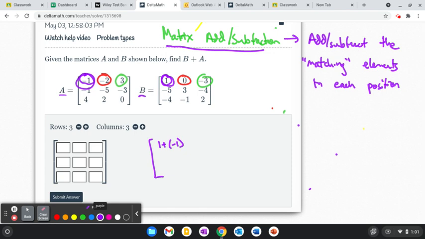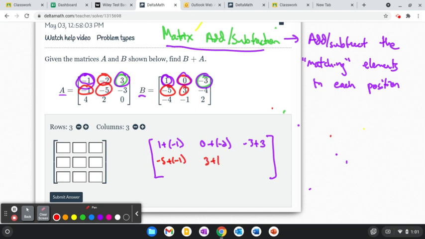Our next entry is going to be 0 plus -2. And then we've got -3 plus 3. So that's our first row. The next row, we've got -5 plus -1, 3 plus -5, and -4 plus -3.